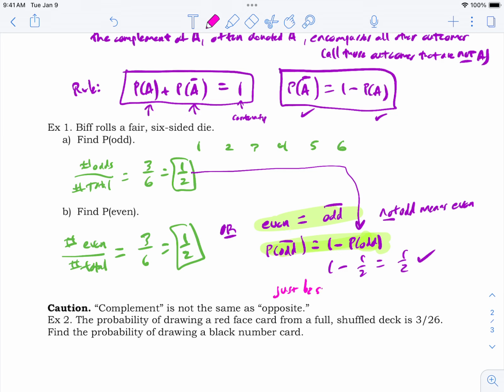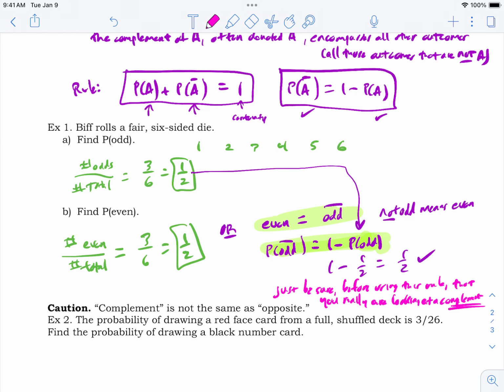Just be sure before using this rule that you really are looking at a complement. That's the part you have to be careful about.